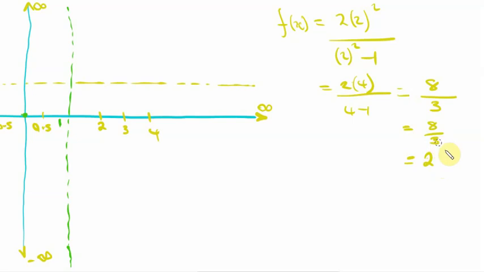It goes 2 times and leaves a remainder of 2 over 3. So 2 over 3 is 2 over 3. What is 2 over 3?